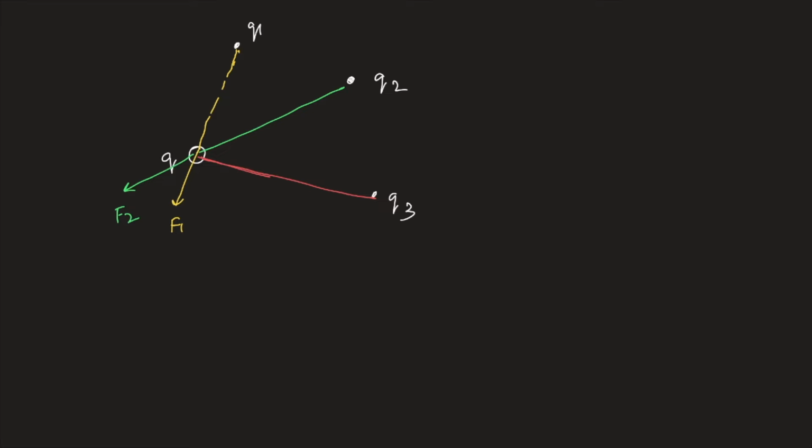Let's say we have a charge Q here, and there is a charge Q1, then a charge Q2, and then a charge Q3, and all these charges exert some force on Q. Q1 exerts a force F1, Q2 exerts a force F2, and let's assume Q3 has a different polarity, a different sign, so it exerts a force F3 like this. So F1, F2, F3.